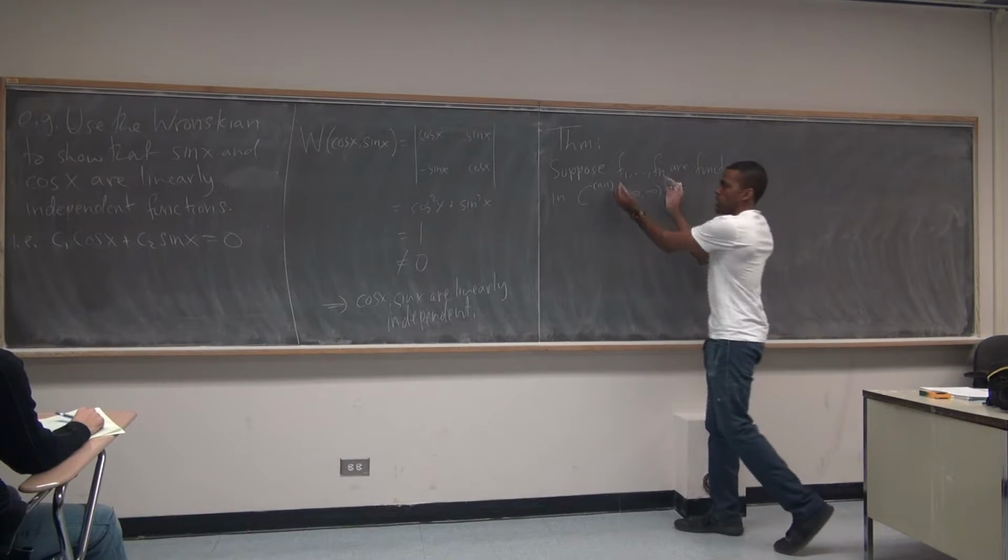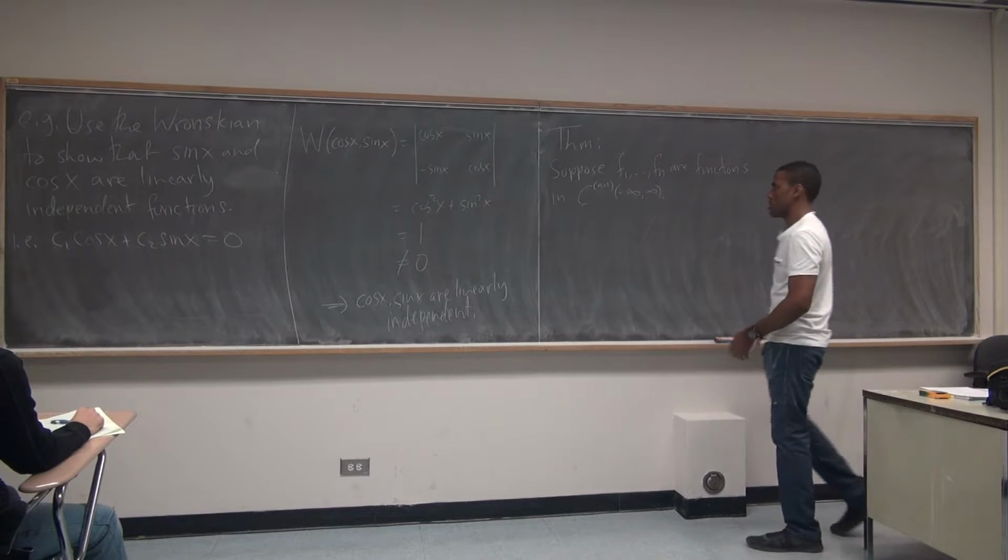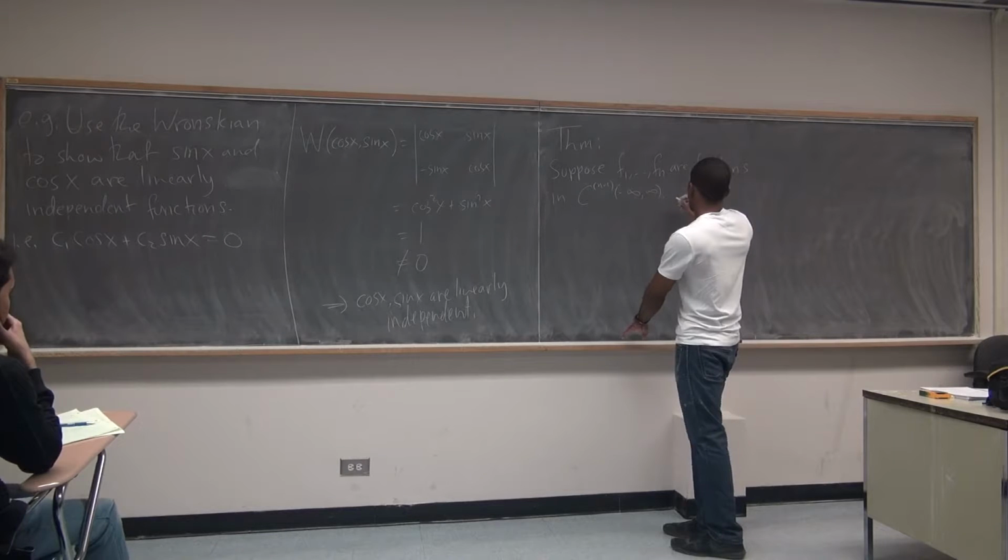You don't always have to look on an infinite interval, but you can talk about being linearly dependent in a given interval, but let's just make it as big as possible. Go big or go home.